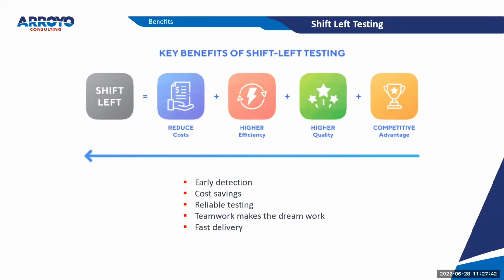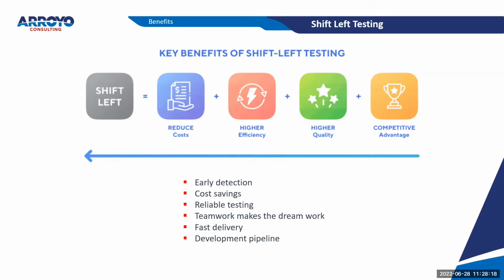The other benefit is fast delivery, because you can include that kind of test in your continuous integration pipeline, for example, and you can add more testing to your process. Fast delivery is more about being able to create faster and with fewer errors.